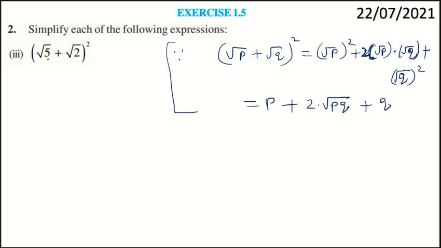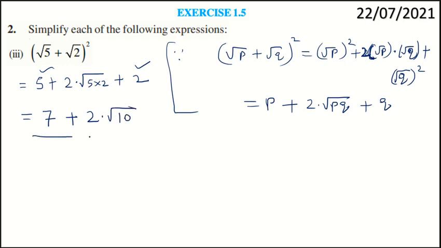Here root p is root 5, root q is root 2. So it becomes 5 plus 2 times root under 5 into 2 plus 2. So this 5 and this 2 both are rational numbers. The rational part, 5 added to 2 gives you 7, plus 2 times root under 5 2s are 10. So this is the answer.